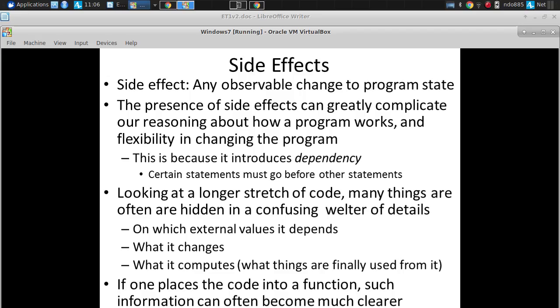Side effects. I talked about side effects. Side effects are important to reason about, important to manage, important to tame. Side effects complicate our reasoning.